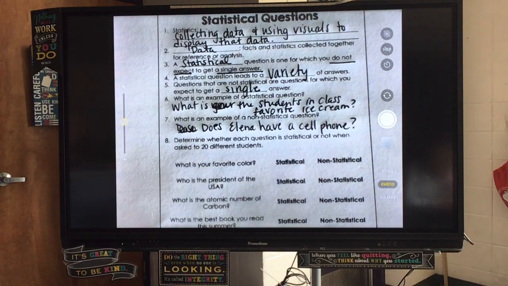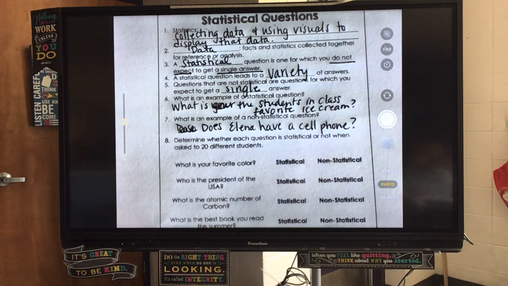Ben, what's your favorite ice cream? Mint chocolate chip. If I asked you the first time, you would have said mint chocolate chip? Yeah. Perfect. Abby, what's your favorite ice cream? Okay.